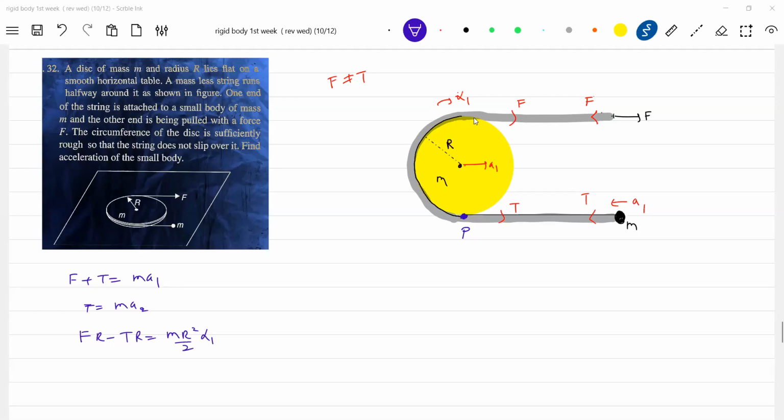F plus T equal to M A2. Okay, I'm doing a correction. There's a string, no? String is inextensible. So acceleration of point P should be equal to acceleration of this particle. A_Px should be equal to A2. What is A_Px? A1 minus R alpha 1.